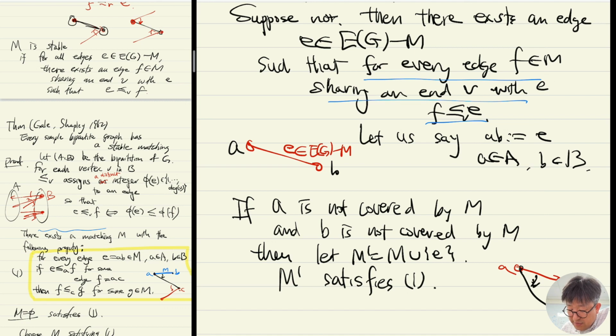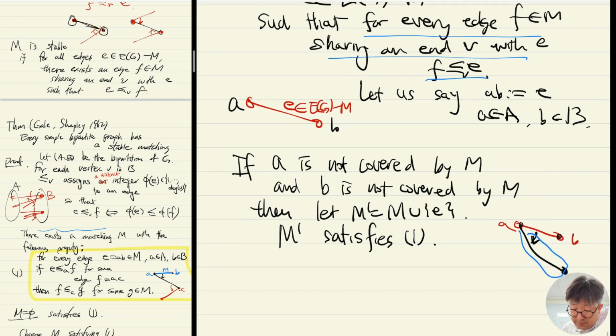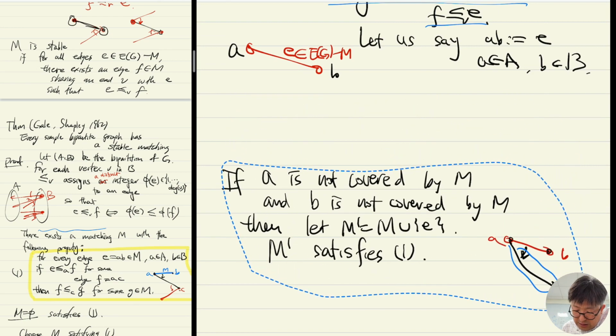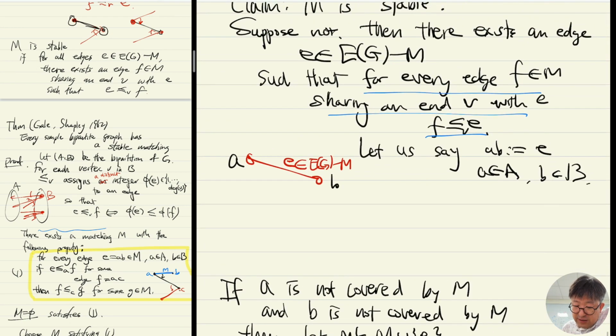A might prefer some other person on the B side than B. And if this person is single, for instance, then we have an issue, because it doesn't satisfy property 1. But how do we ensure that something like this doesn't happen? So what we do is choose E specifically.